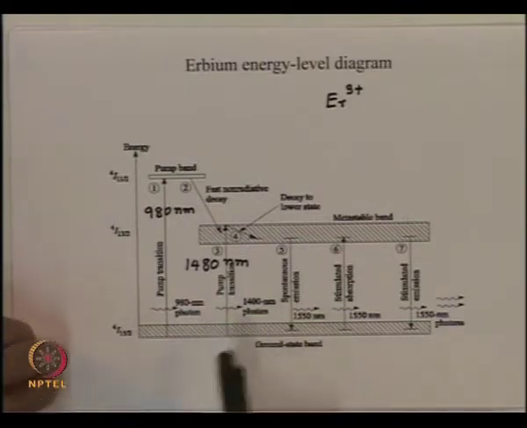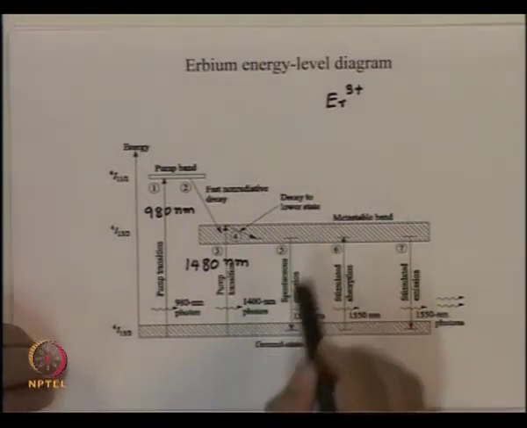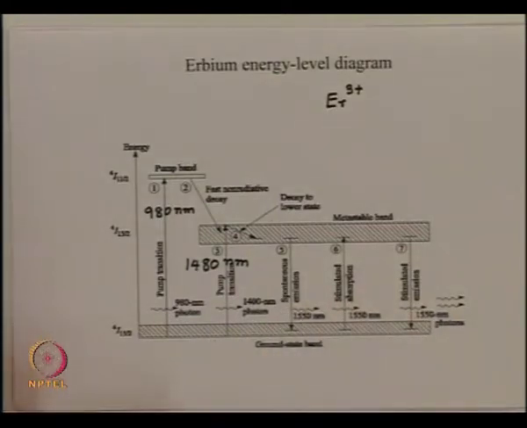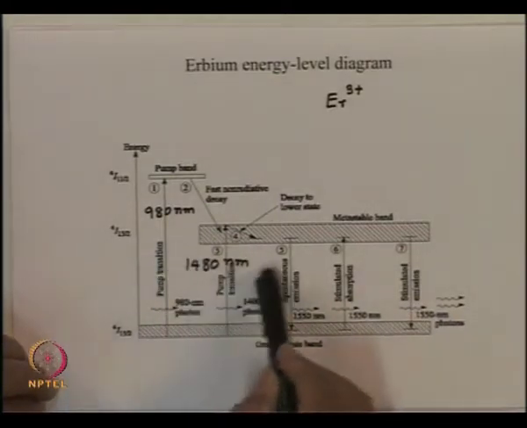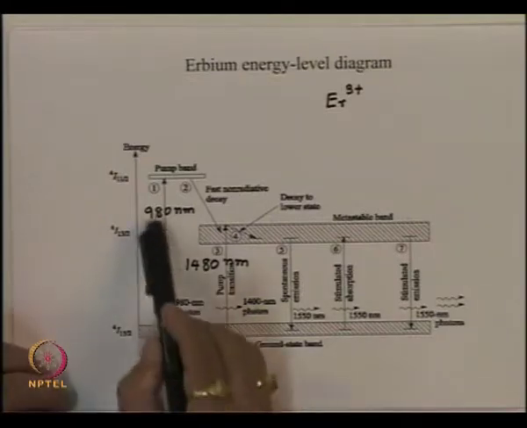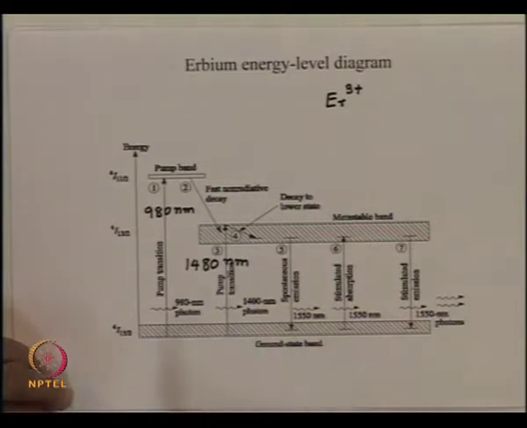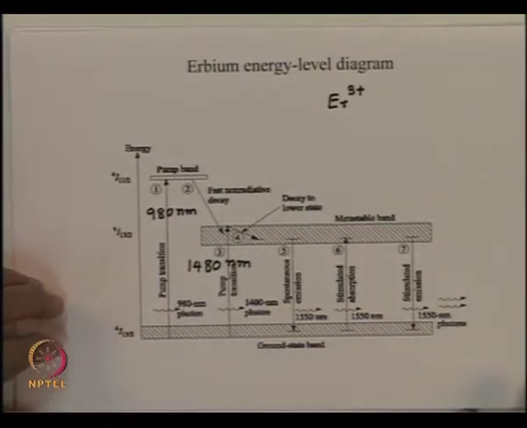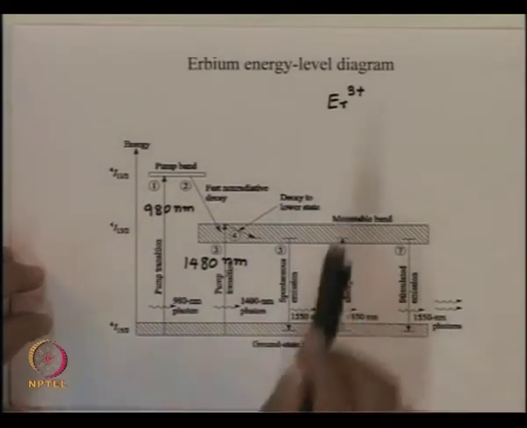We have also seen that since these two spectra are overlapping, filtering of this pump on the other side becomes rather difficult. So the 980 pump is the one which is preferred for pumping the erbium doped glass.